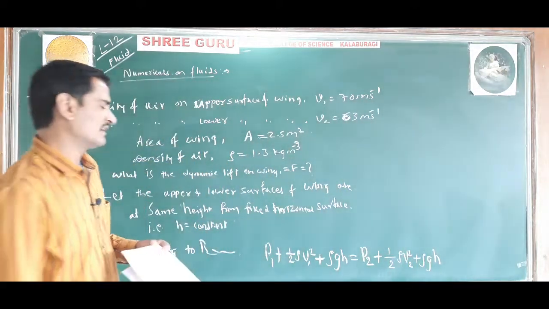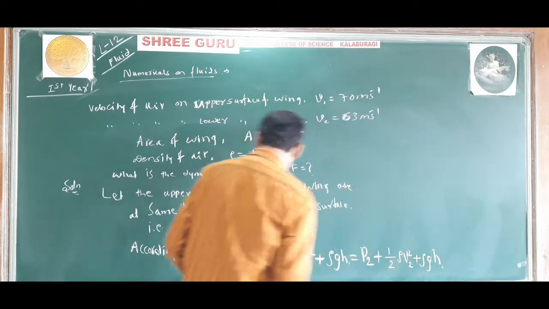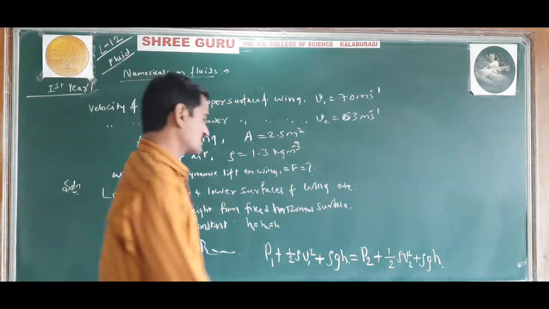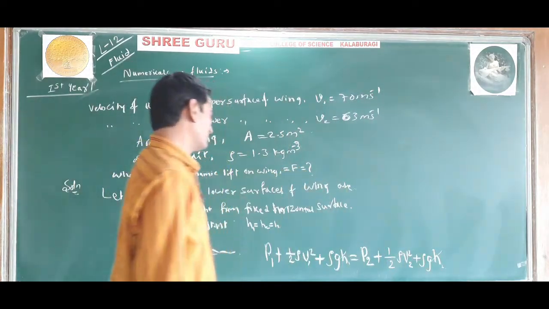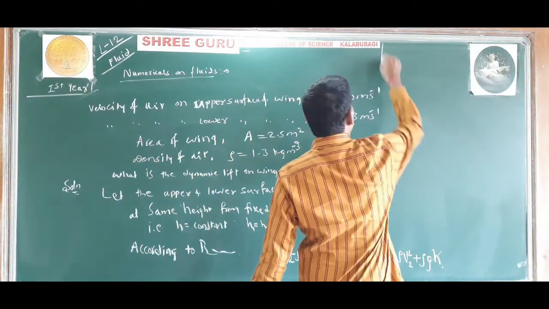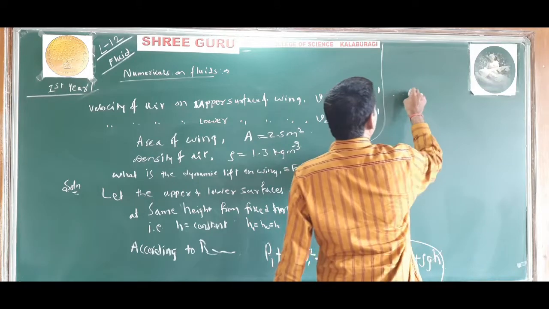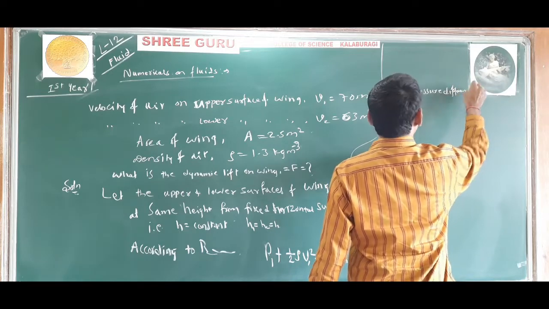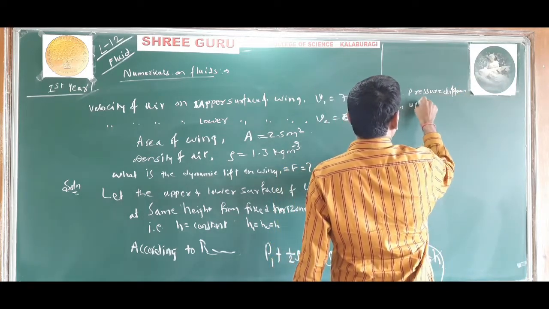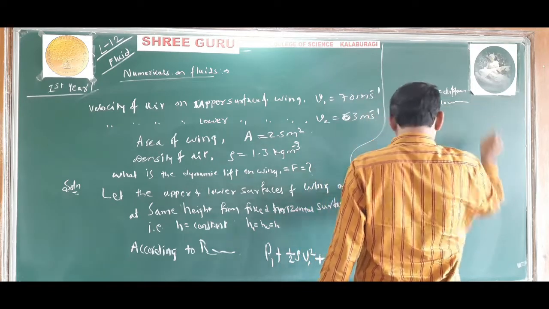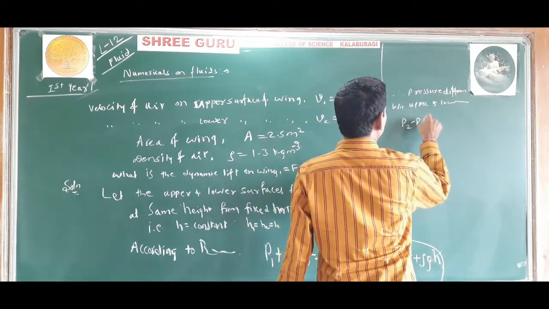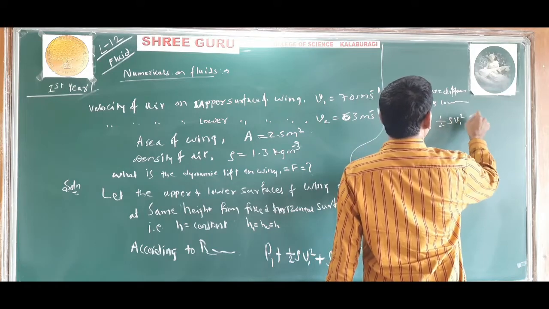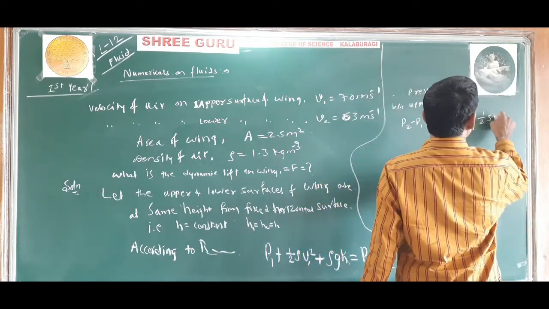H is taken as same, that is H1 is equal to H2 is equal to H. Then this rho GH gets cancelled, so you will get the pressure difference between upper and lower surface, P2 minus P1 is equal to 1 by 2 rho V1 square minus 1 by 2 rho V2 square.